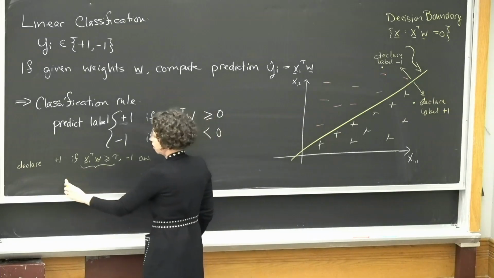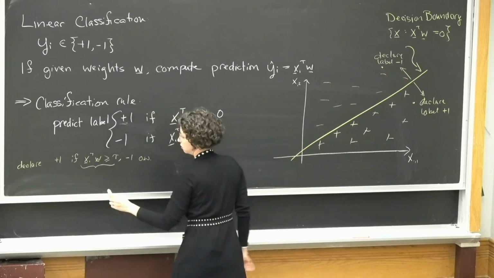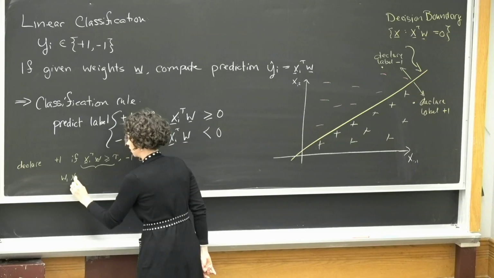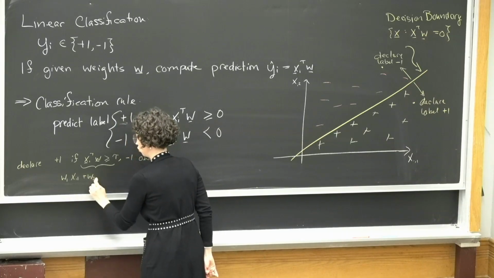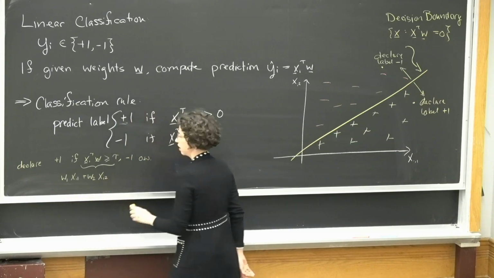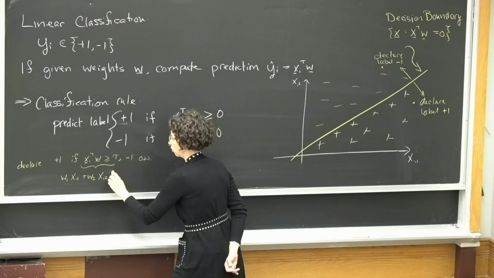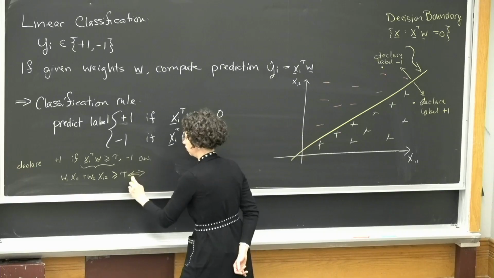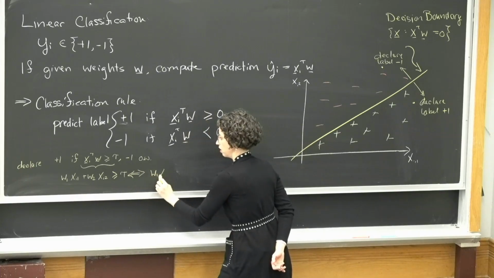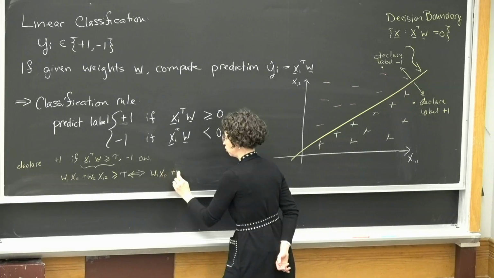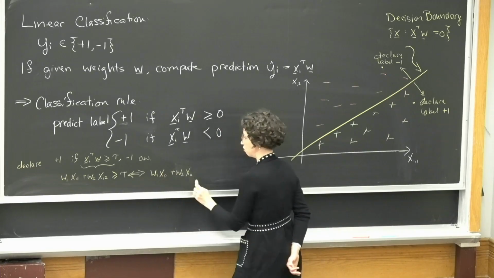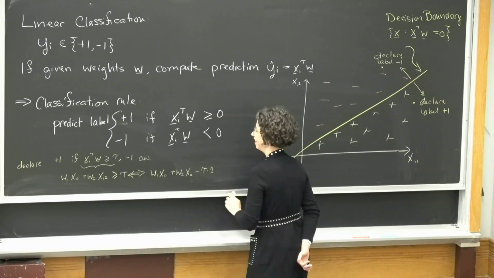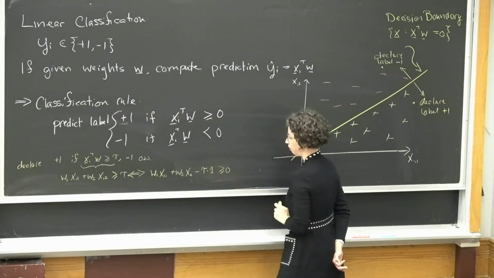Okay. So if we just are in our 2-dimensional case, we're saying I've got W1 xi1 plus W2 xi2 being greater than or equal to tau. And this is equivalent to saying W1 xi1 plus W2 xi2 minus tau times 1 being greater than or equal to 0.